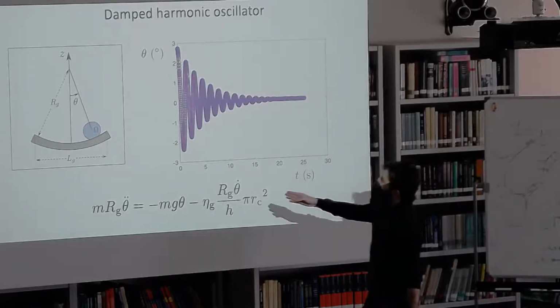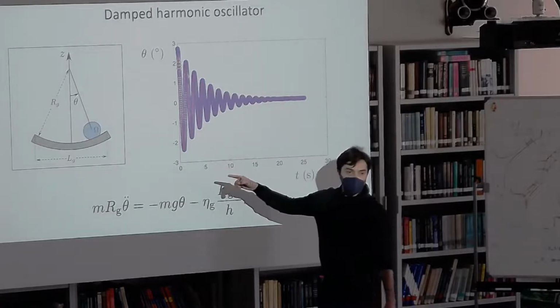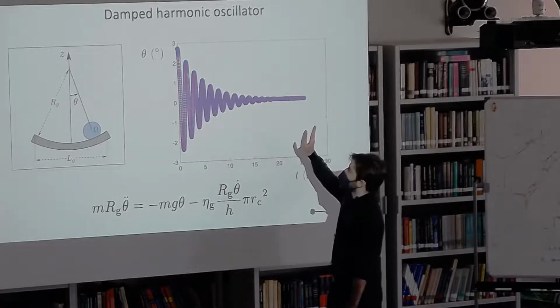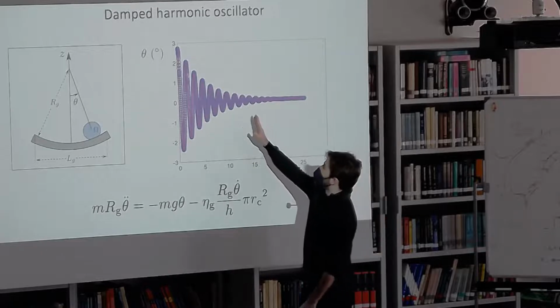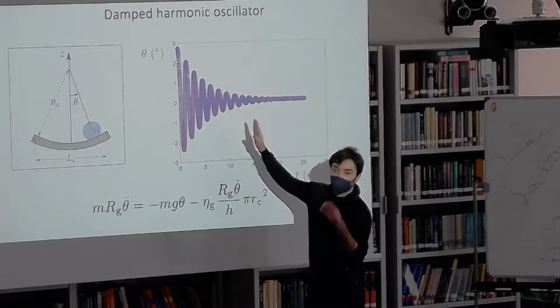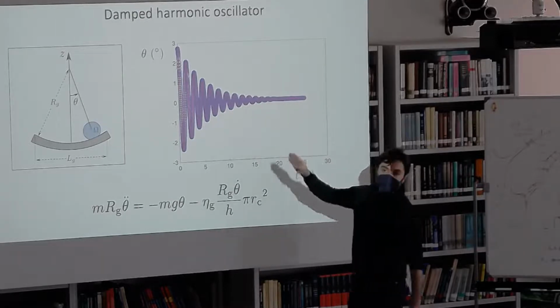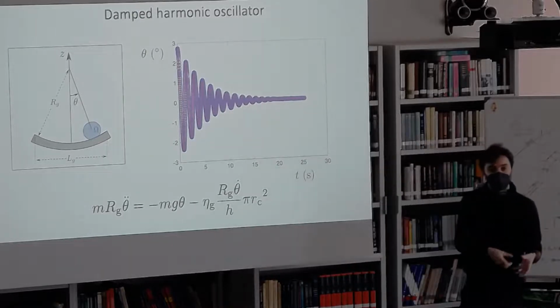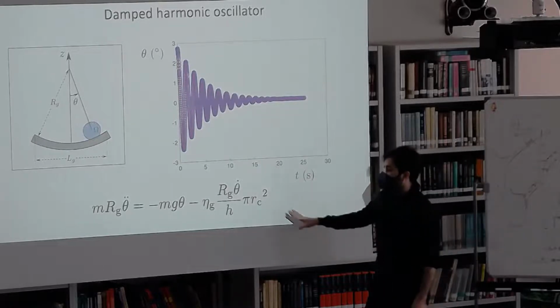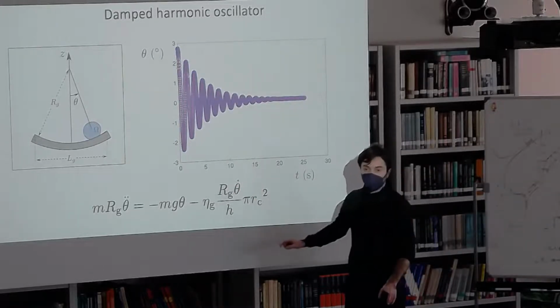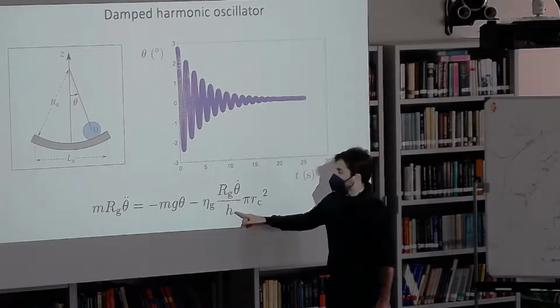You see the fit here in red with the experimental data in blue, and you see that after a certain time the harmonicity of the oscillations is lost at the very end. That is due to the fact that you start to have contact after that amount of time, and so the friction law is not at all linear in that case, and also to the fact that h is varying over time.